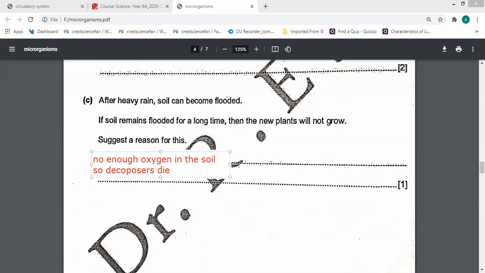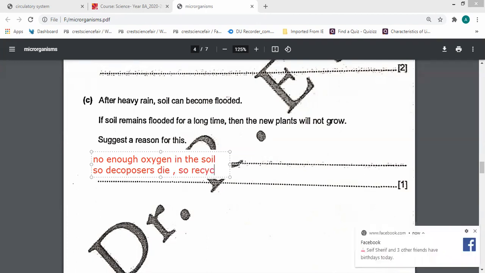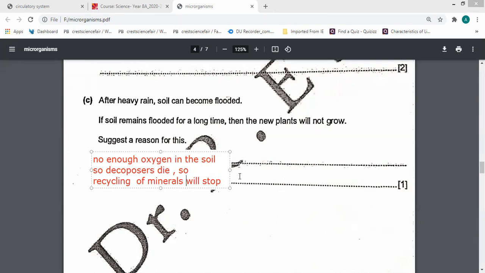And we can complete it. So recycling of minerals will stop. You got it? Yes. Okay, all of you, have you finished? Next question.